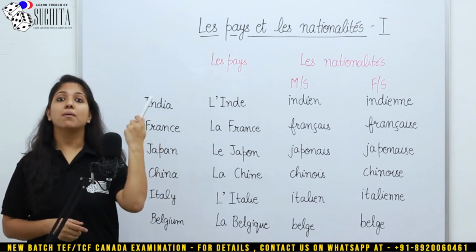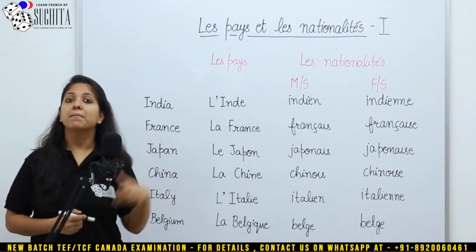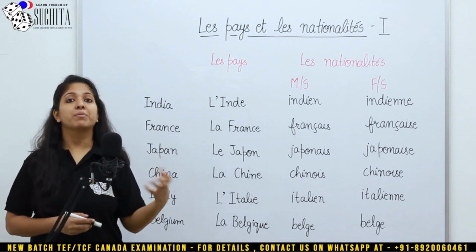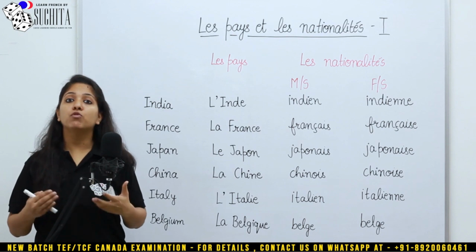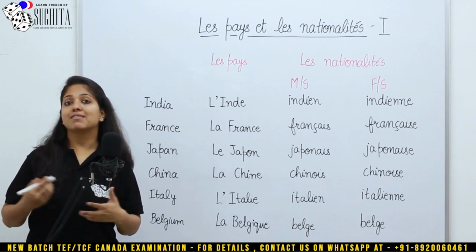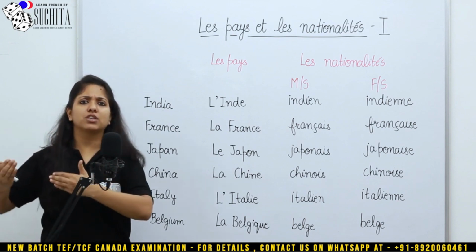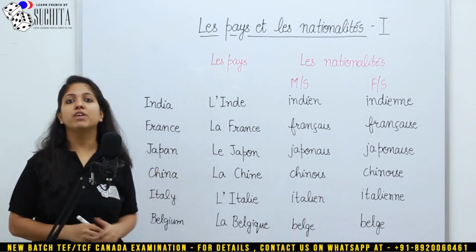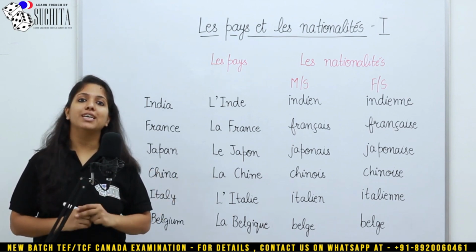If I say this is a black marker, black is a color, that's again an adjective. If I say she is beautiful, beautiful is again an adjective, but that's a quality. So you have different types of adjectives, the colors, the nationalities, the qualities, but in this one we are going to specifically do the nationalities.